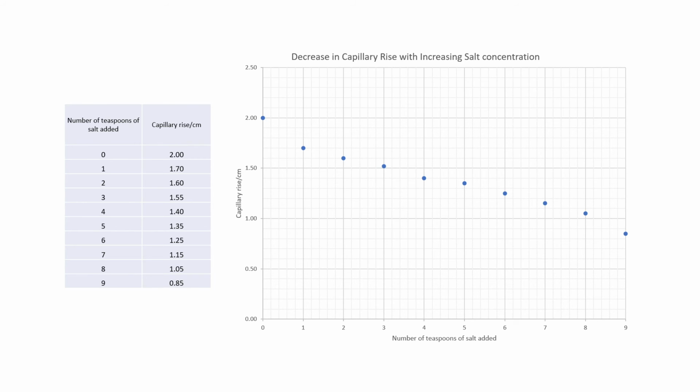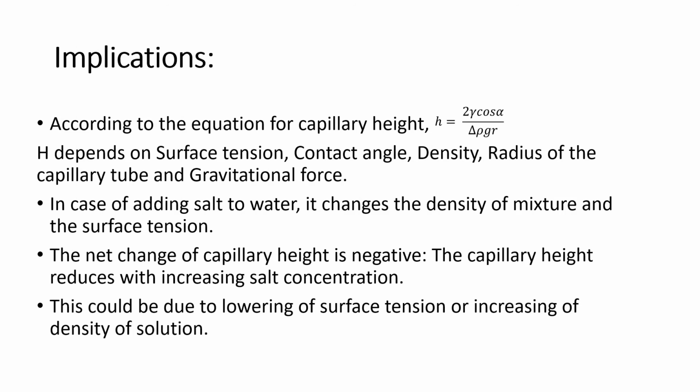The graph shows that it reduces when we increase the salt concentration, and we can see that there is a considerably high drop in the beginning compared to the subsequent decreases, and this implies that, like I said before, the capillary height depends on surface tension, the cosine of the contact angle alpha, density of the liquid rho, gravitational acceleration g, and radius of the capillary tube.